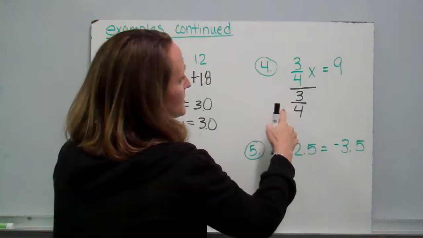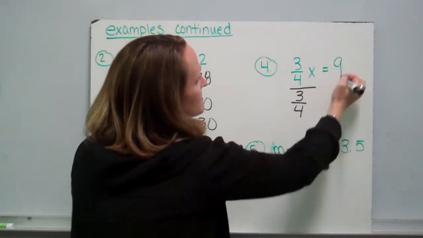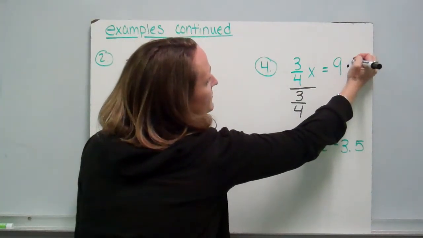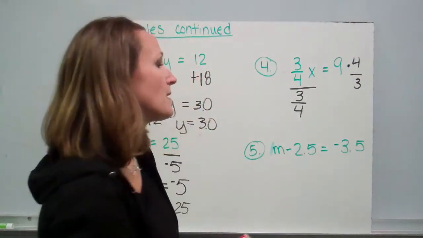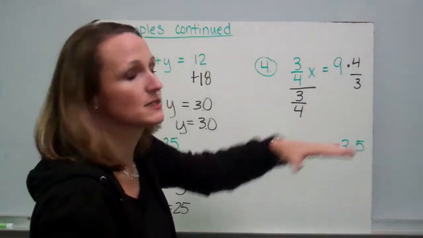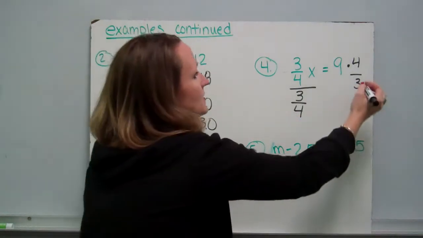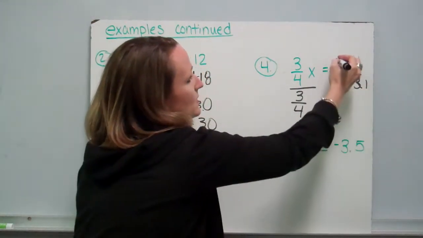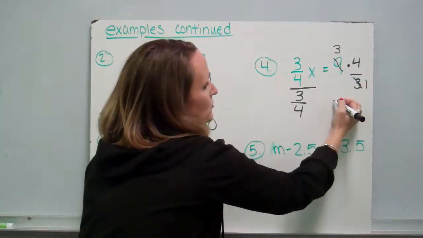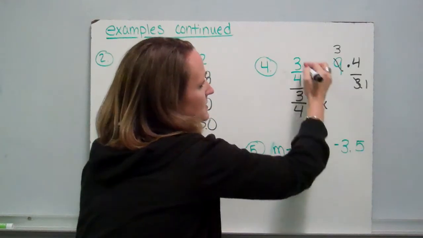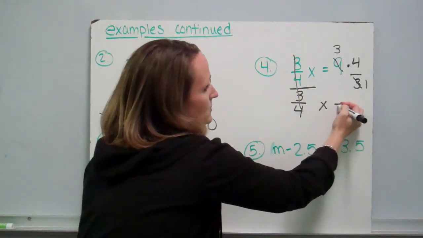So dividing by 3/4 is the same as multiplying by the reciprocal, or 4/3. Now remember, when we do this, we can go ahead and cancel out to begin with. So we would make this a 1, make this a 3, and we do 3 times 4. We find out that x, because these will cancel, equals 12.